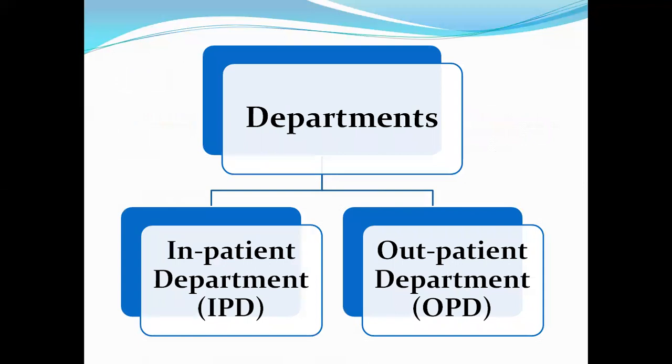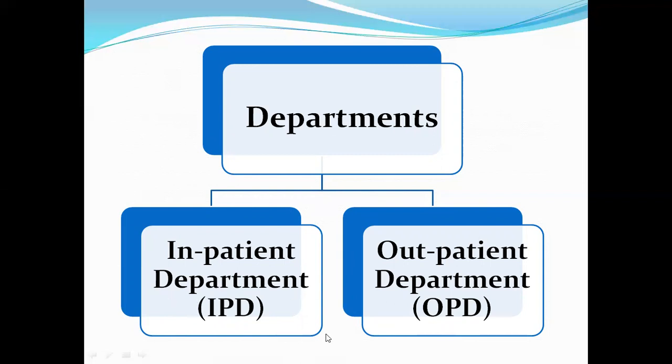After that, we'll be coming to the departments. Here we'll be classifying the hospital broadly. Hospital departments are broadly classified into the inpatient department and the outpatient department. So what is this inpatient department?